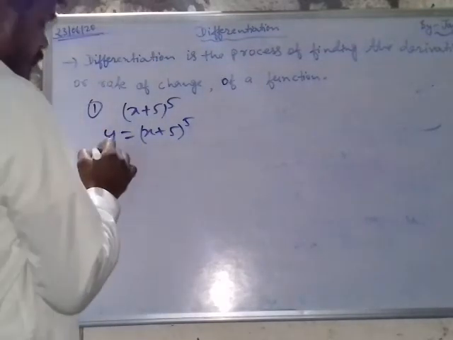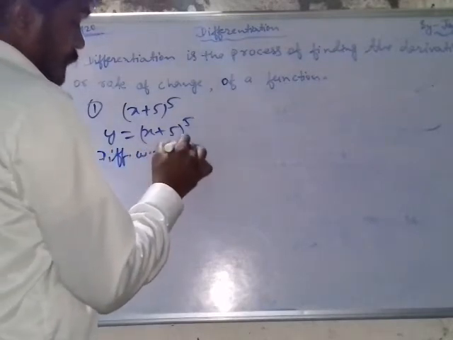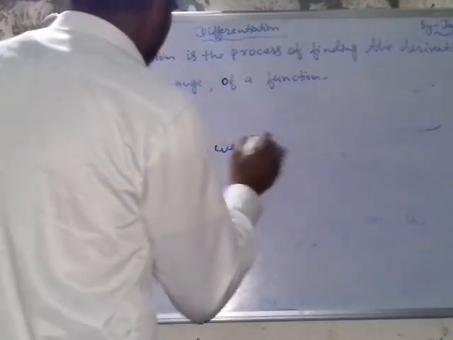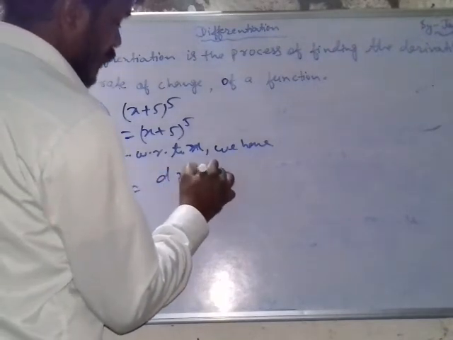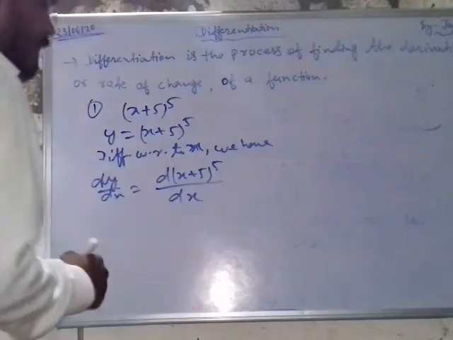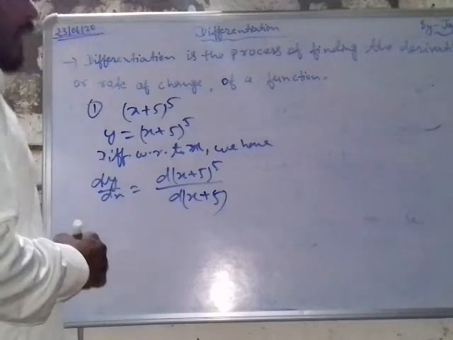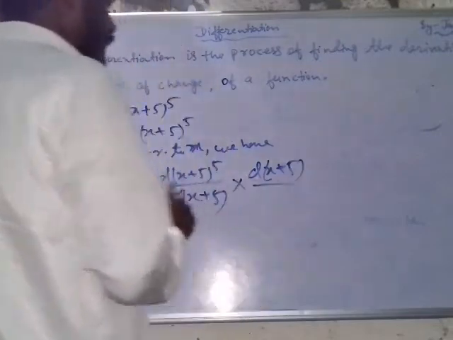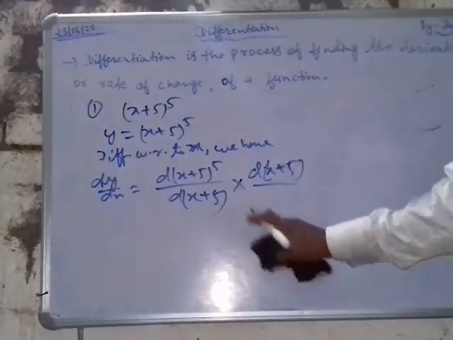Then we differentiate with respect to x, and we have dy by dx equals d x plus 5 to the power 5 divided by d x plus 5 into d x plus 5 by dx, and this is the example of function of a function derivative.